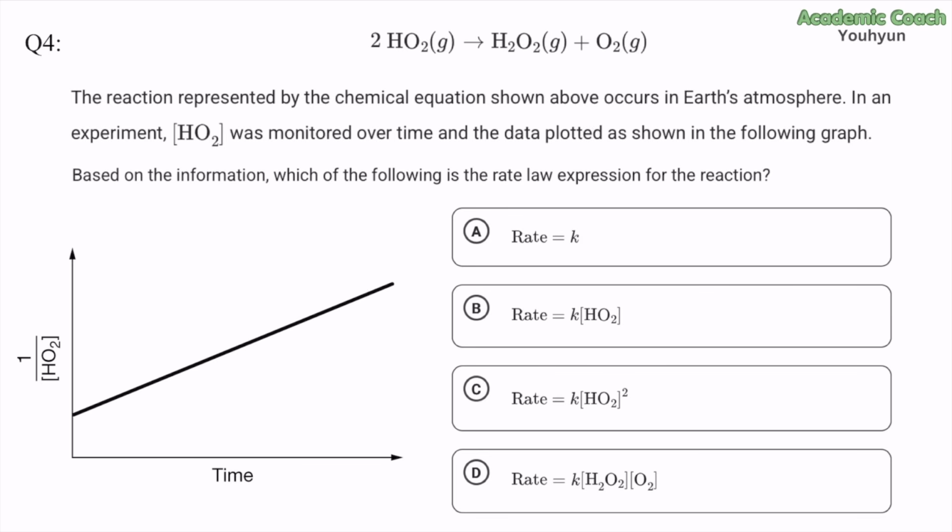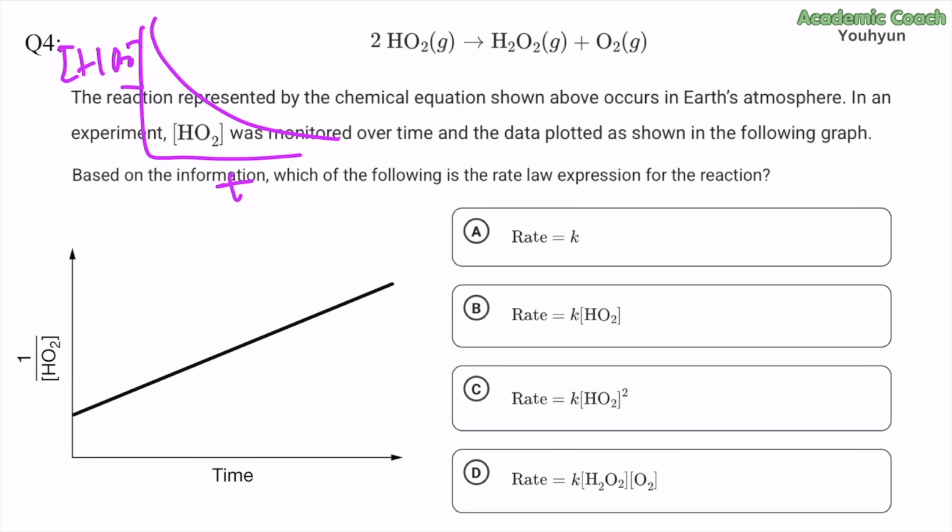Based on the information, which of the following is the rate law expression for the reaction? So this is where the reaction order and integrated rate law really matters. When you plot concentration of HO2 over time, it's only going to show you this curved, decreasing line, and we cannot determine its reaction order.